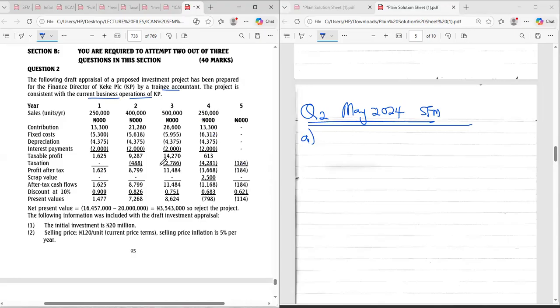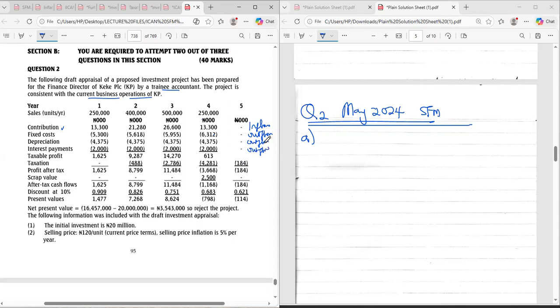Now, please look at this. It's very simple. They gave us contribution. Contribution is an inflow, money coming in. They gave you fixed cost, which is an outflow. They gave you depreciation, which is an outflow. They gave you interest payment, which is an outflow.